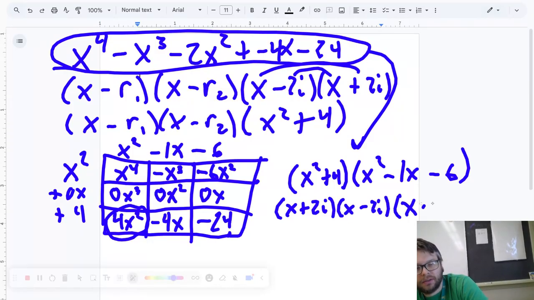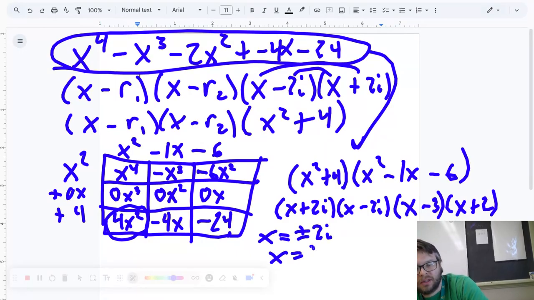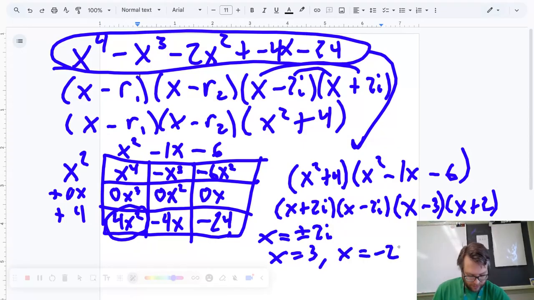And the other part is x minus 3 times x plus 2, which gives us the 4 roots of plus or minus 2i, that's 2 of them, 3, and negative 2. So what threw me off there was that first part was wrong. So they somehow messed up in writing the textbook, and they had a positive 2x squared there, which doesn't work out.